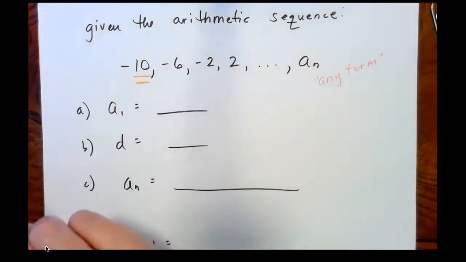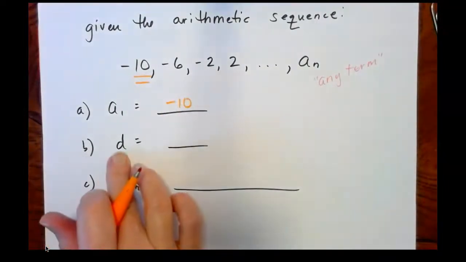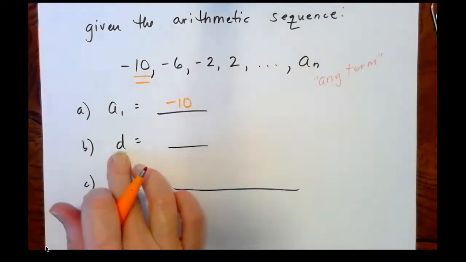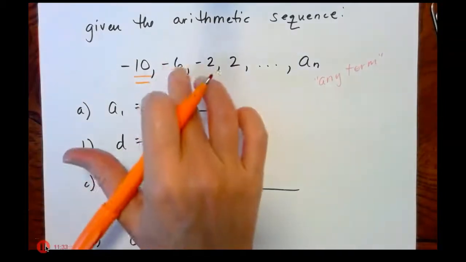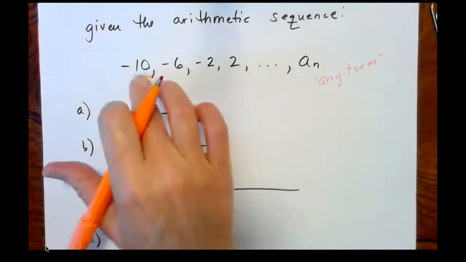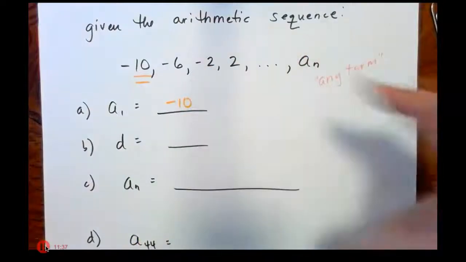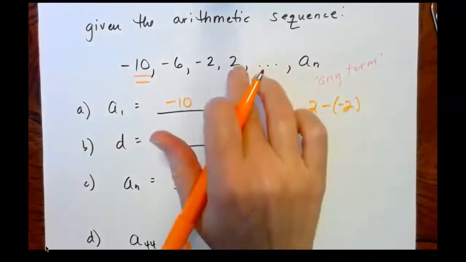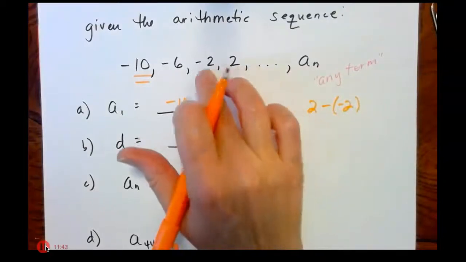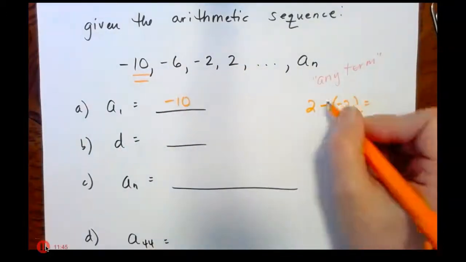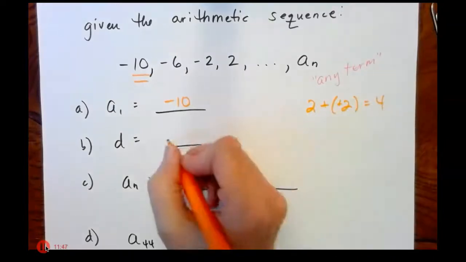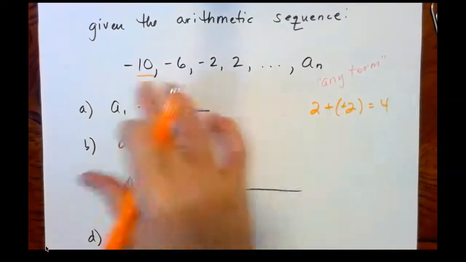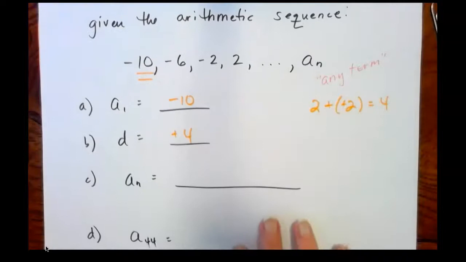A sub 1 is the first term in the list, and it is -10. Our common difference here is just found by subtracting -6 minus -10, or 2 minus -2. We'll do that one. So 2 minus -2, this a sub 4 minus a sub 3 gives us a common difference of +4. So we're adding 4 every time. Yes, our sequence is increasing here.